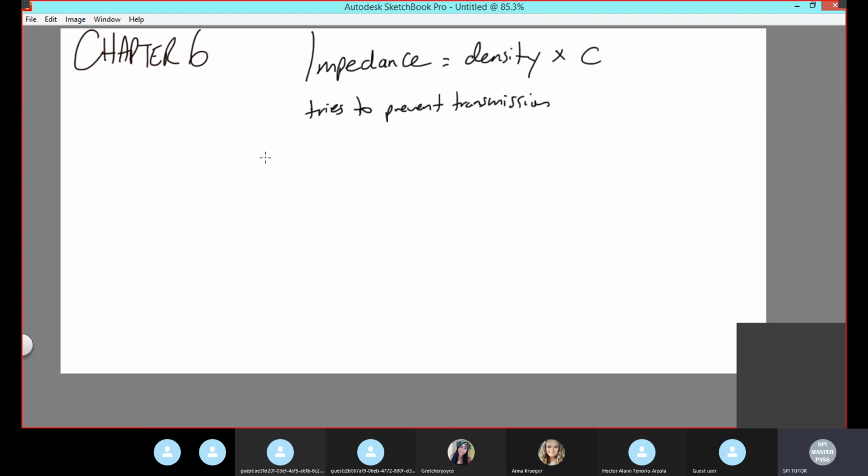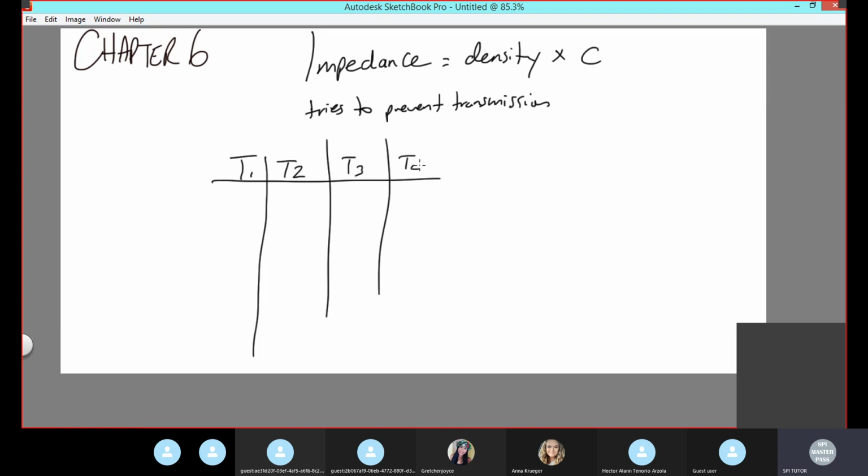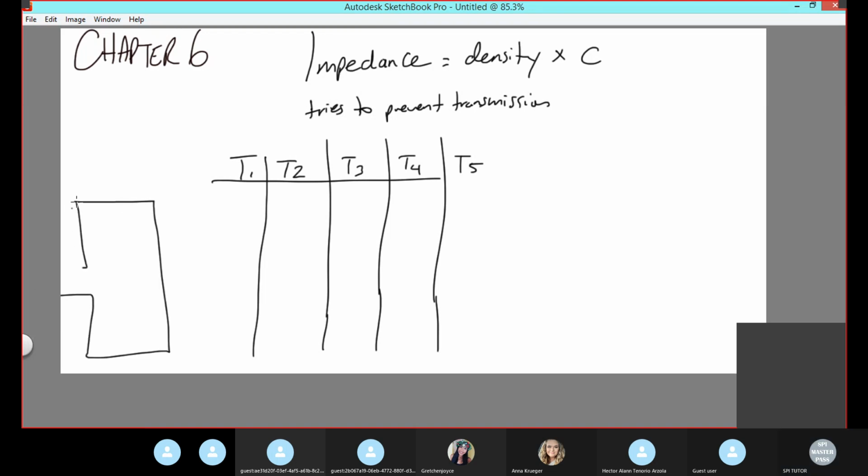Okay, so here we get to the concept of what is transmission and reflection. Tissue 1, tissue 2, tissue 3, tissue 4, tissue 5. So transmission is what happens when a wave leaves the transducer and it goes from one tissue to the next, then from the next to the next, then from the next to the next.